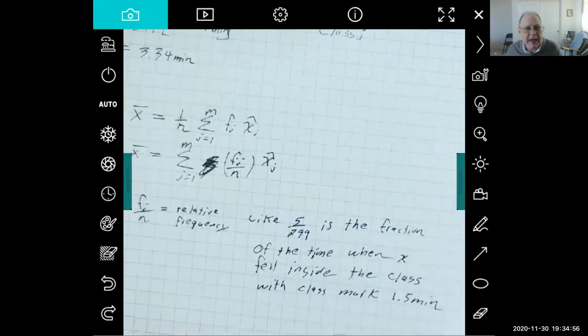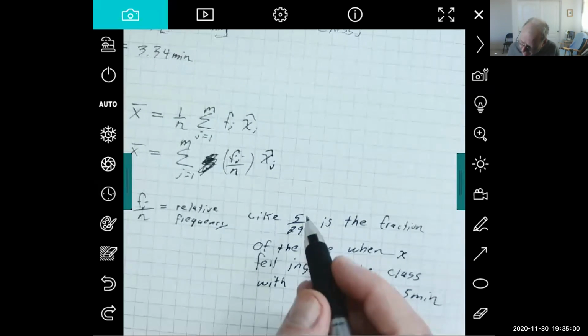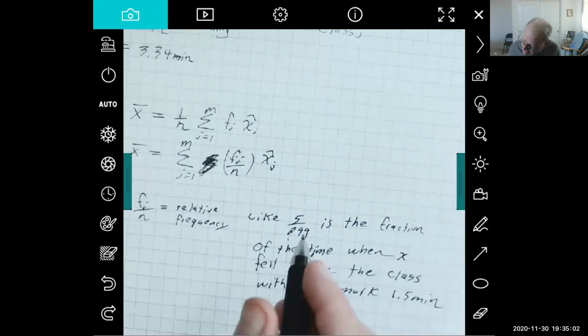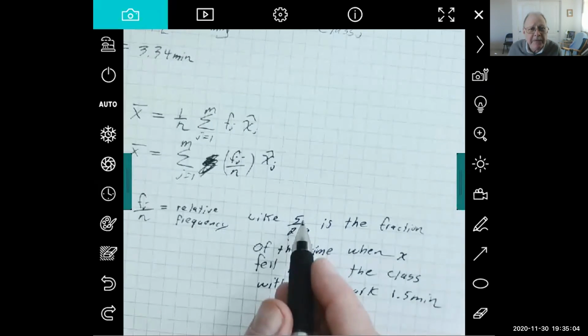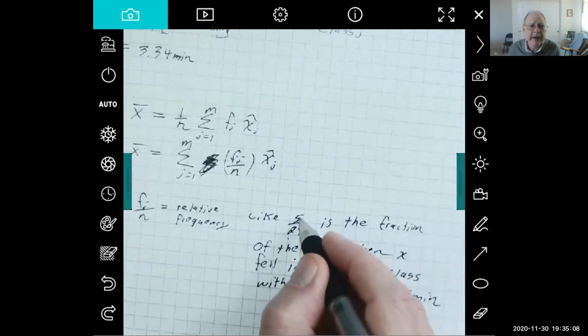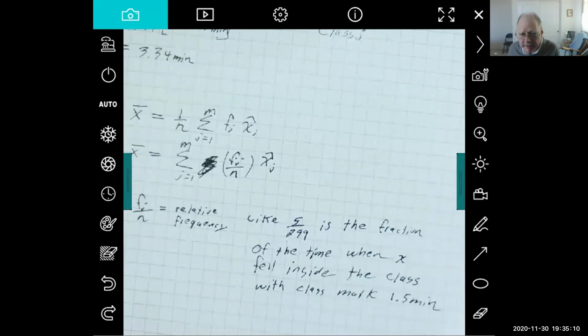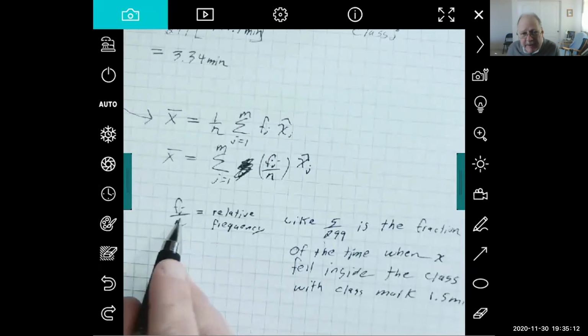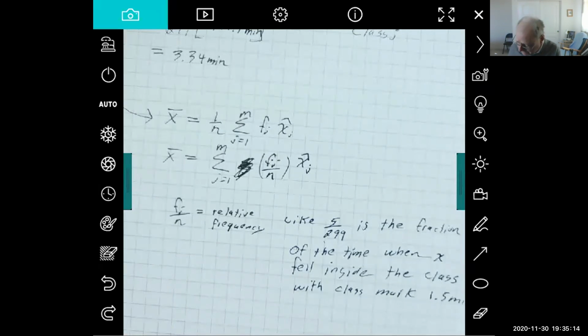So that first class that had any data in it, the 5 eruptions, lasted about 1.5 minutes. What fraction of all the data fell in that class? It was 5 out of the 299 eruptions. That's what you call relative frequency.